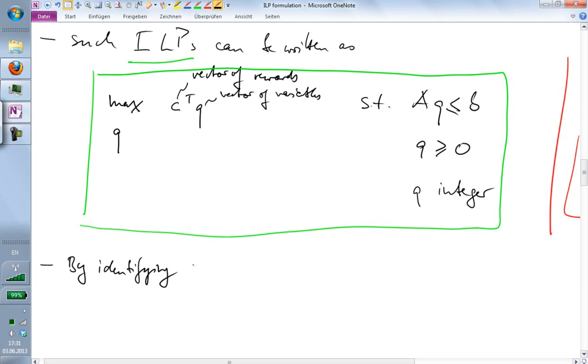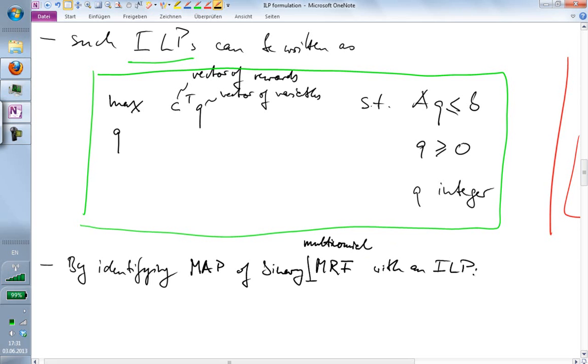So by identifying the maximum a posteriori solution of a binary, possibly multinomial MRF with an ILP, the crucial question is, have we won anything?